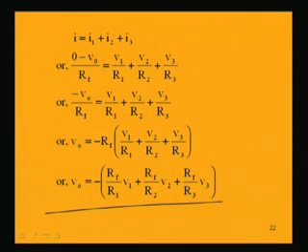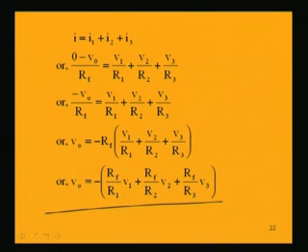But by properly choosing Rf, R1, R2 and R3, we can get whatever sum we desire. For example, I want to get V naught equal to say minus 3 V1 plus 5 V2 plus 6 V3, etc. If we take some example, then we can determine what should be the ratio between Rf and R1, Rf and R2 and Rf and R3, and by properly choosing these resistances I can get the required sum.